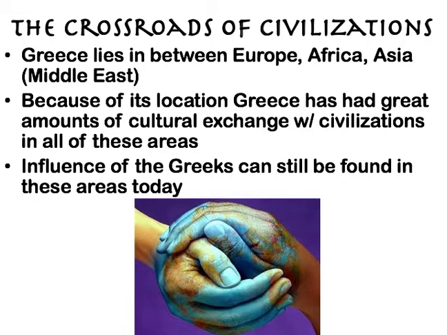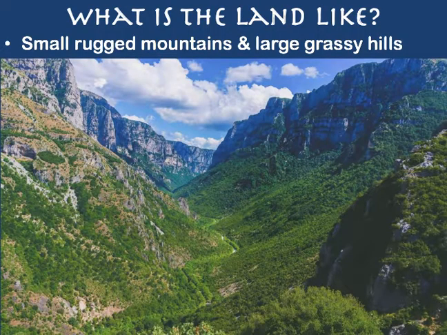So let's take a little bit of a closer look at the land in Greece. Here we see some rugged mountains, not sharp peaks like, say, the Himalayas that we looked at in between China and India. But if you need to get from point A to point B, getting around these very sheer cliffs, these rocky hills and rocky mountains would be problematic.